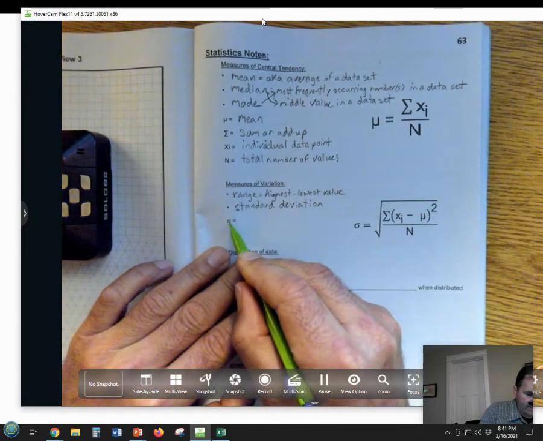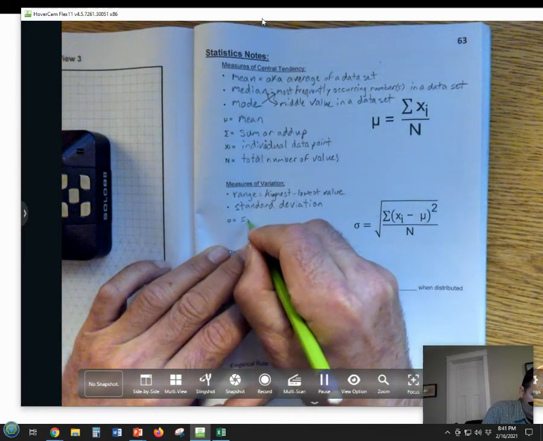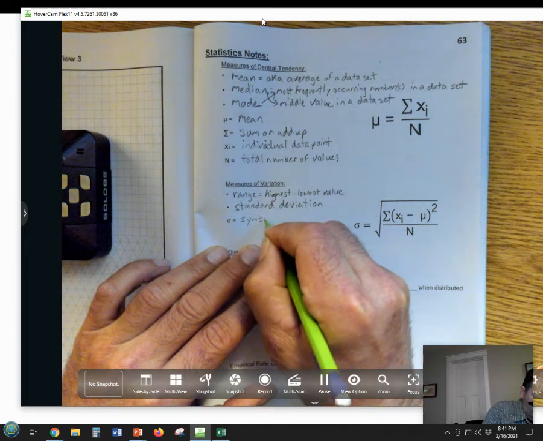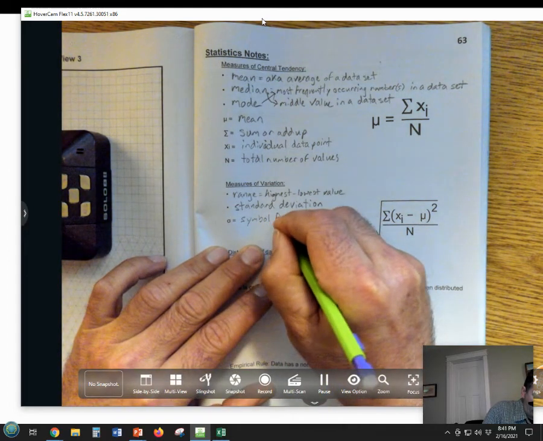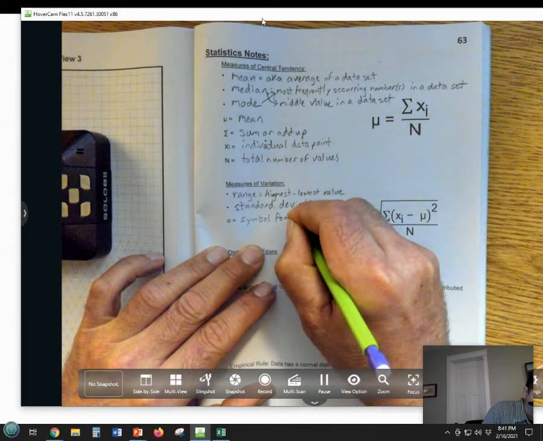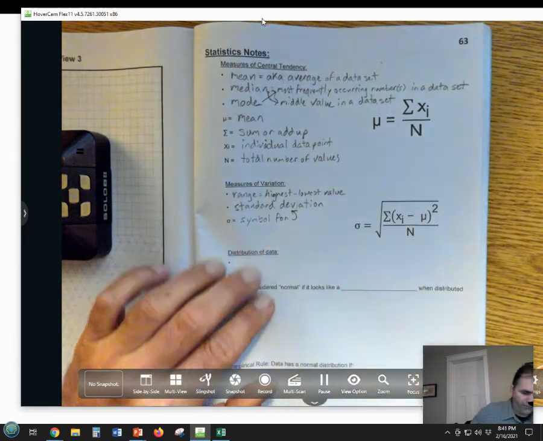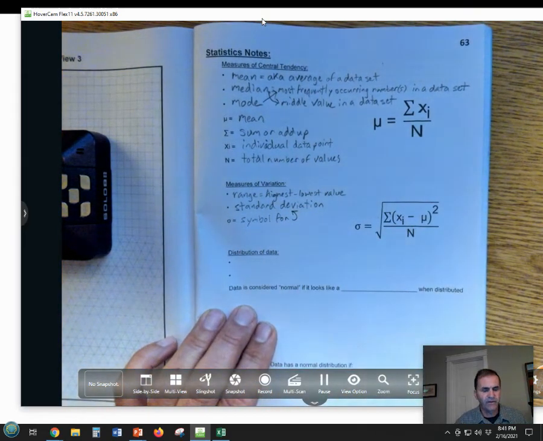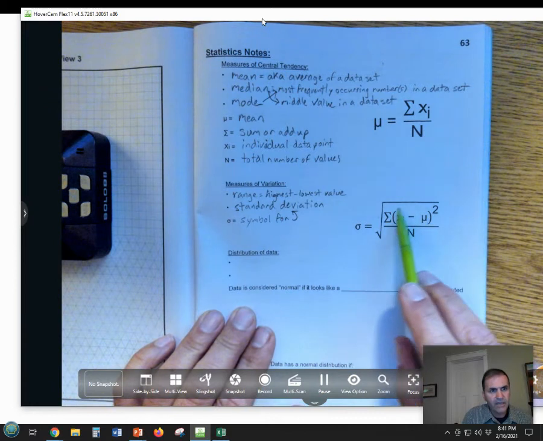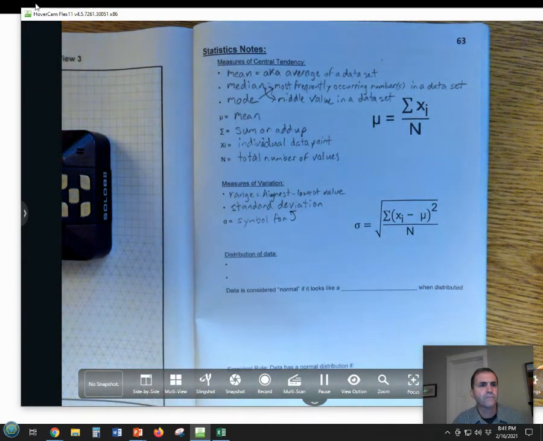Okay, and this little symbol is the symbol for, I'm going to let you cheat a little bit and just draw an arrow to it, the symbol for standard deviation. And here's the formula again for that.